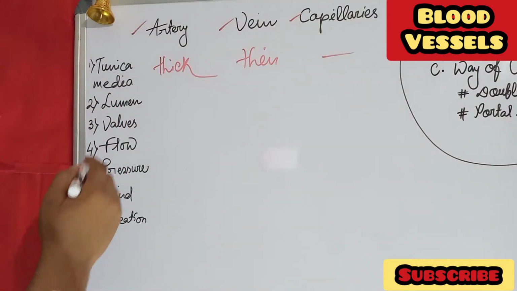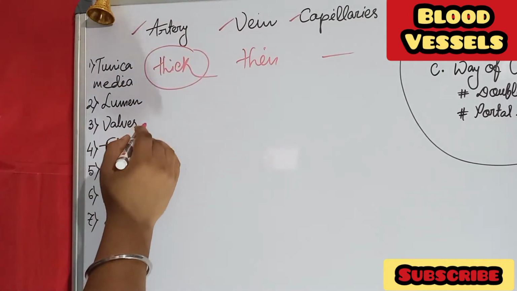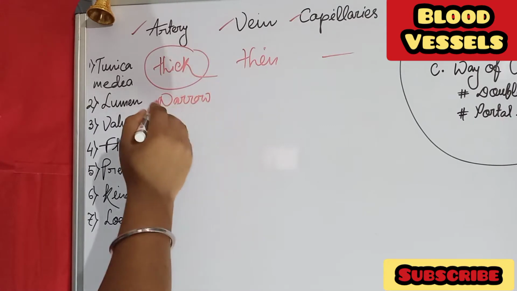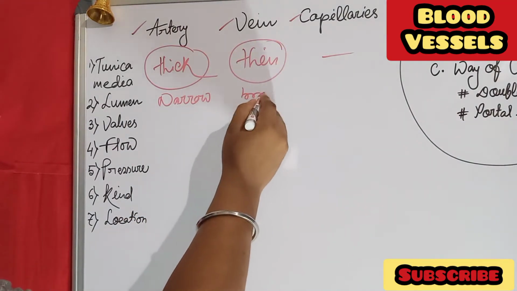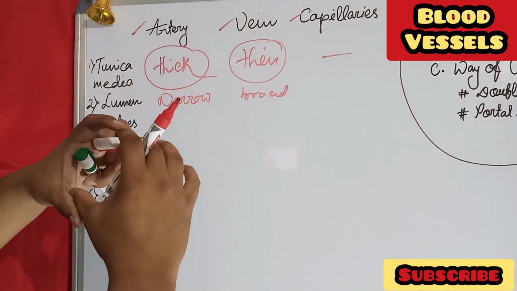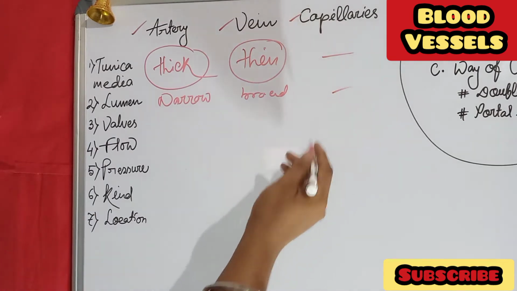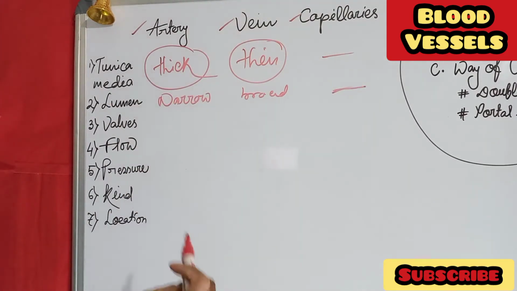Lumen: as the tunica media is thick in the artery, the lumen is relatively narrower, and in the vein, as the tunica media is thin, the lumen is much broader, with a bigger radius. In the capillary it is even lower.